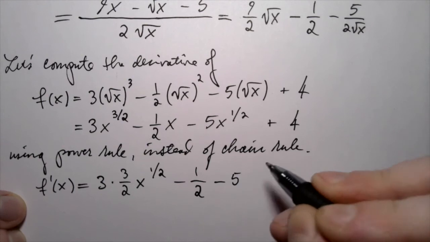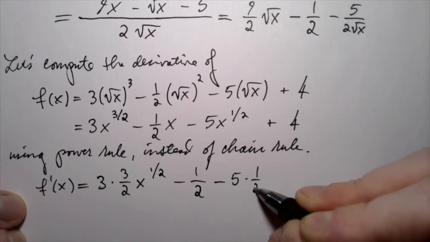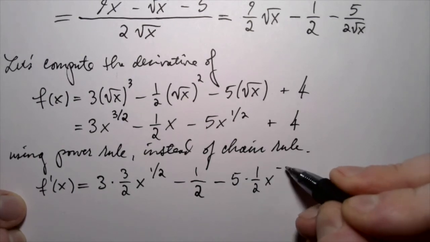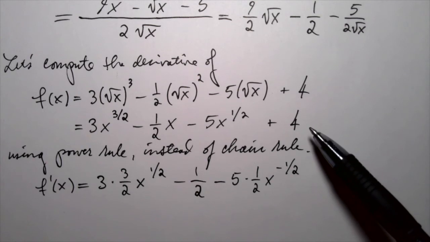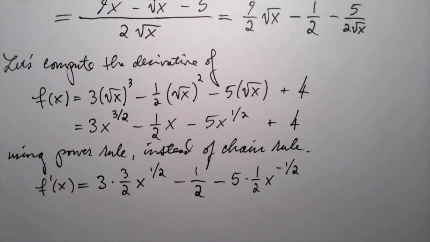Next piece, again power rule. We bring the 1/2 down, and then we subtract 1 from the exponent, like so. And then the derivative of 4, because we're adding 4, not multiplying, is just a constant. The derivative of that piece is just 0. So there we have it. That's the derivative using the power rule instead of the chain rule.